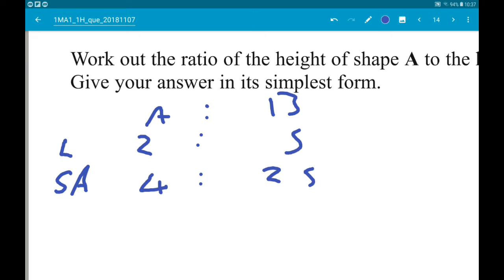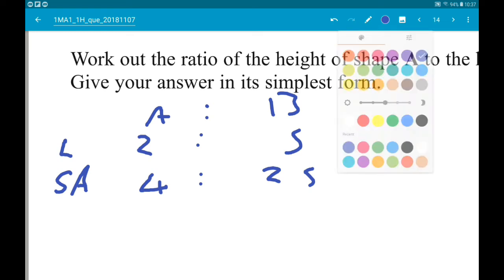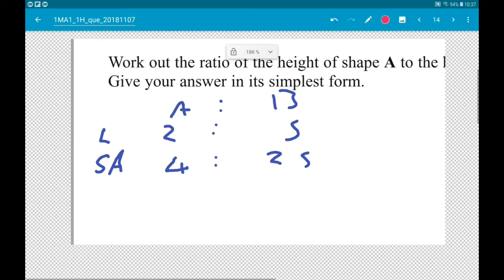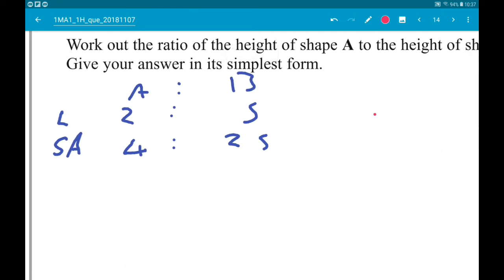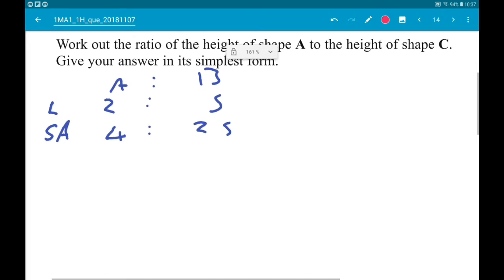Okay, and then we're told the ratio of the volume of B to the volume of C is 27 to 64. So, for B to C, the volumes are in the ratio 27 to 64.